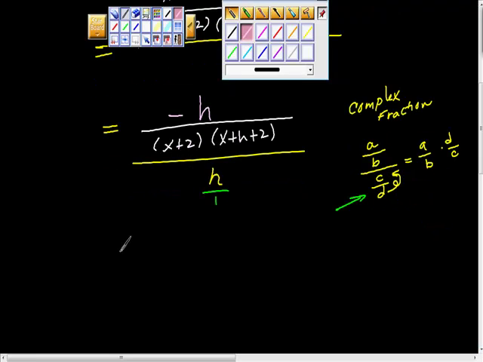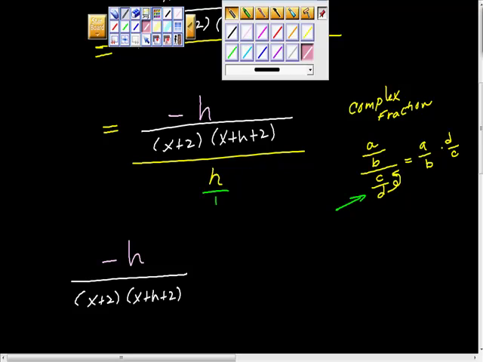We had this negative h all over x plus 2, x plus h plus 2, times, and remember I said we're going to take the reciprocal of the bottom piece. That would give us 1 over h.